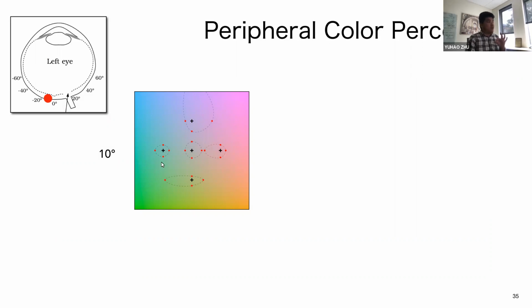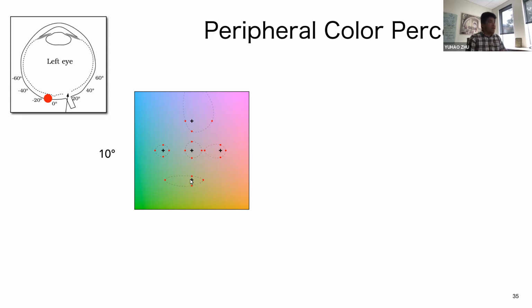I'm showing you data at eccentricity 10, at 10 degrees, so slightly away from the fovea, where your color perception is slightly worse than at the fovea. This is a 2D color space, projecting a 3D color space into 2D. We know that color space is 3D, but 3D is harder to visualize. We're just showing you a 2D cross section, a 2D slice.